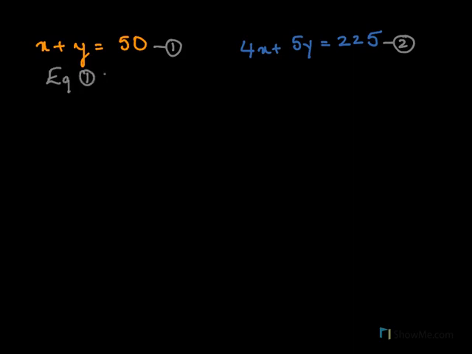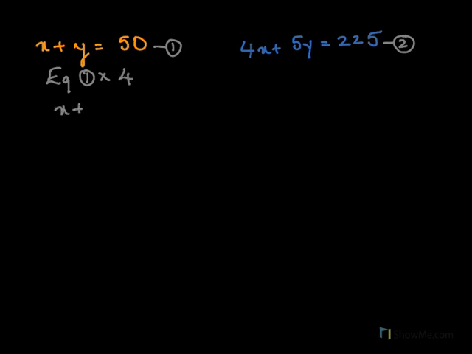So one equation was x plus y equal to 50, and the other equation was 4x plus 5y equal to 225. So this was equation 1 and equation 2, and we need to equate a coefficient. You will definitely agree my equation 1 I need to multiply by 4.